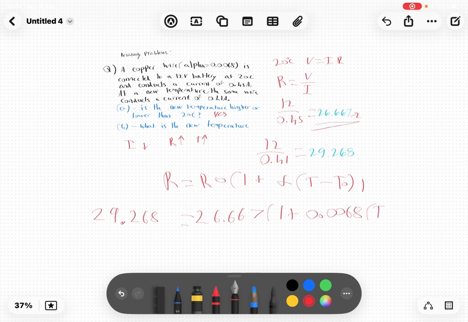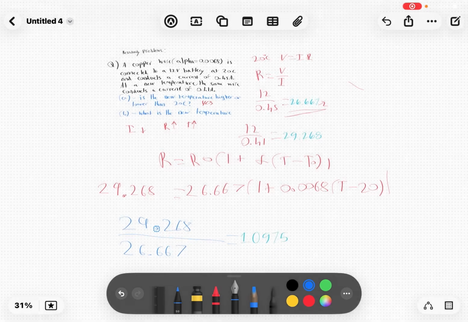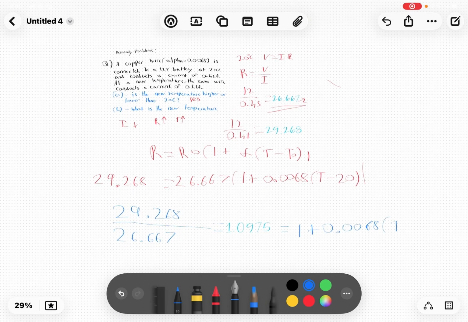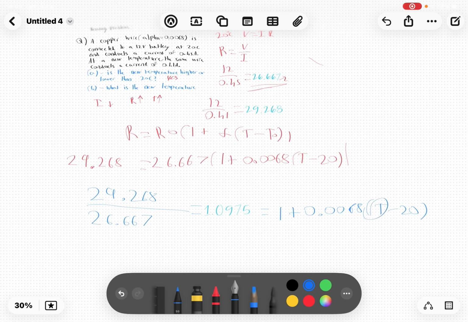So for the T minus 20, we divide both sides by 26.667, because over here there's a times, so we need to divide to get rid of it on this side. It's equal to 1 plus 0.0068 times the temperature minus 20. So now it's just a matter of making T the subject.